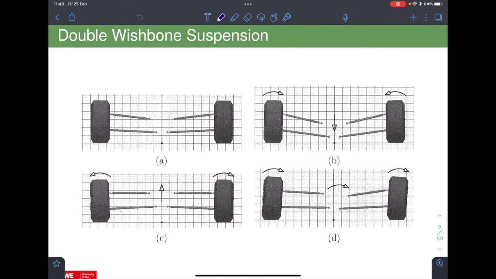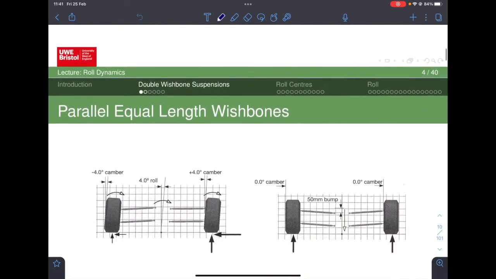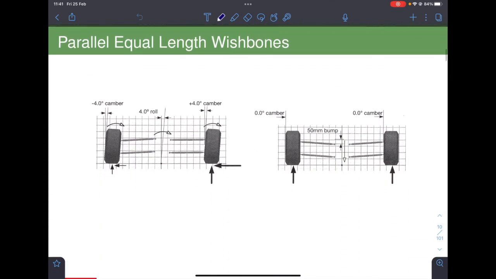That's just a generic setup, but we can look at some specific layouts and the impact they have in these different situations. The first one is also known as parallel, equal length wishbones. The wishbones themselves are equal in length and they are parallel to each other.